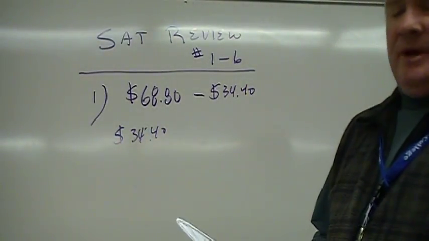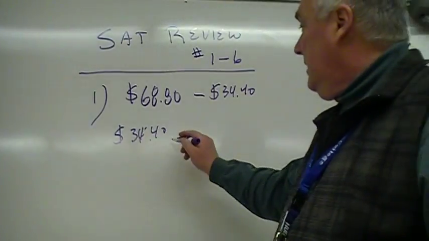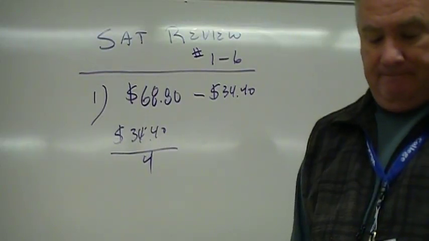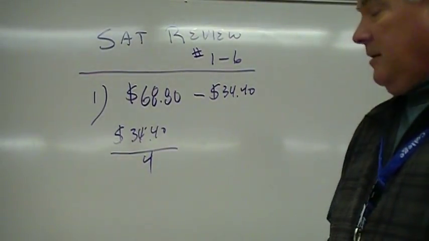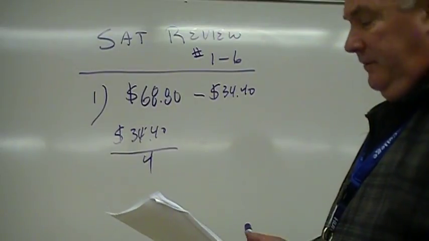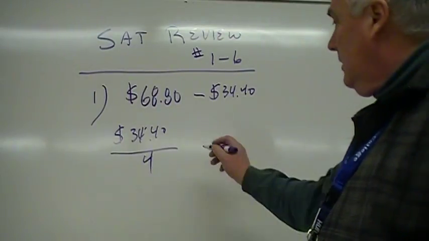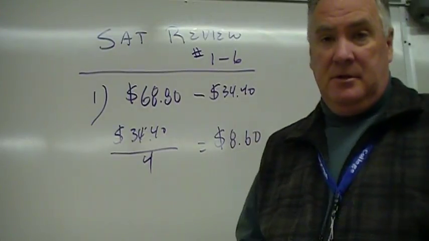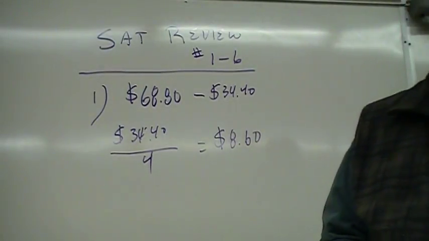And of that remaining balance, that's going to be divided by 4 monthly payments that are equal. So we divide it by 4. $34.40 divided by 4, you will get $8.60. Okay, this one's pretty straightforward.